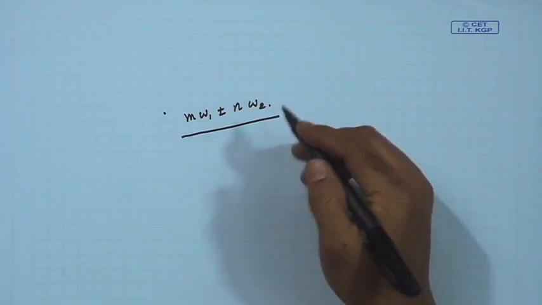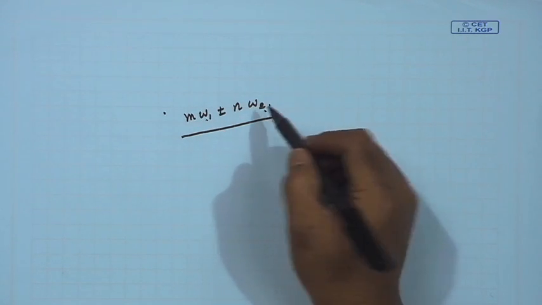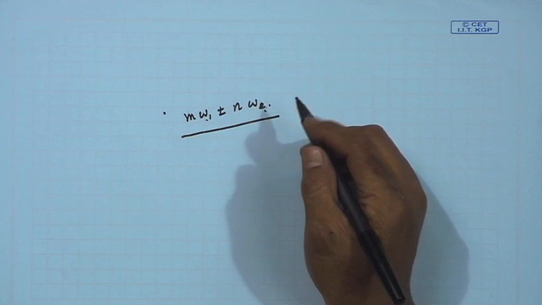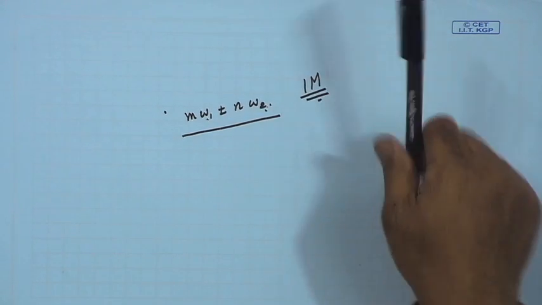Now this is not a harmonic. This is a harmonic of omega 1 mixed with a harmonic of omega 2. This is called IM or intermodulation product.